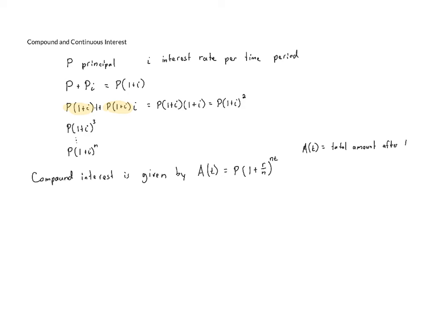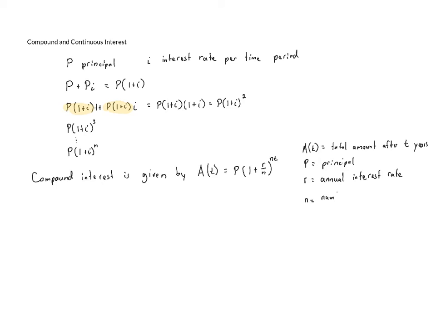after t years, and then P is the principal still, and then r is the annual interest rate, and then n is the number of times the interest is compounded per year.